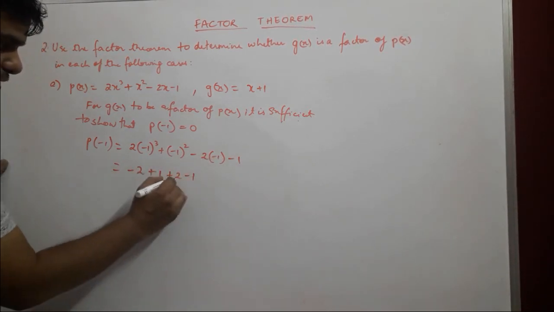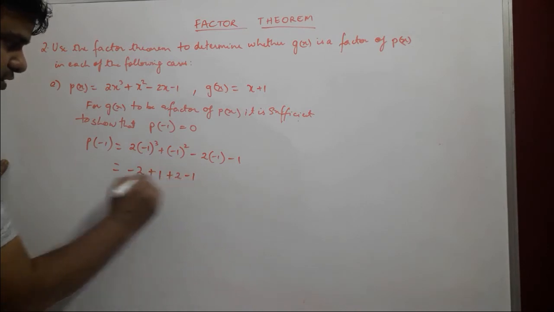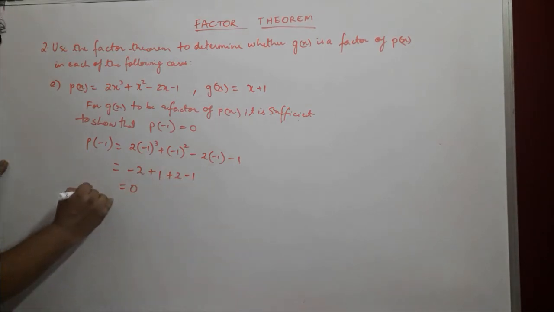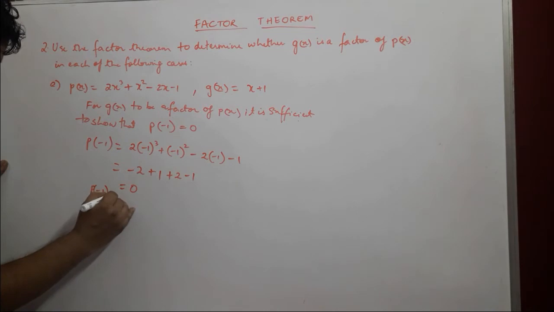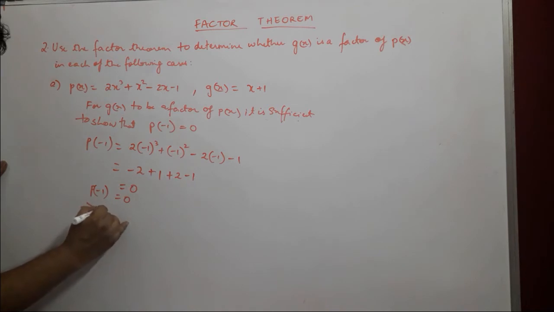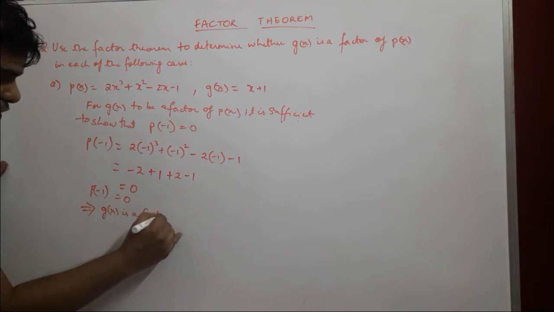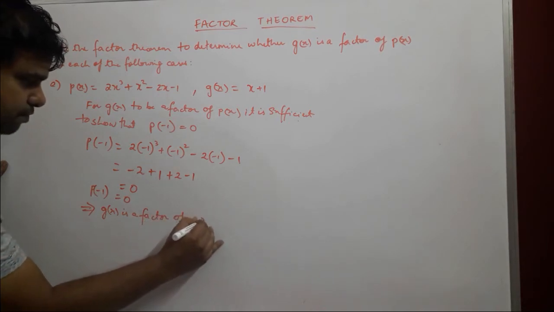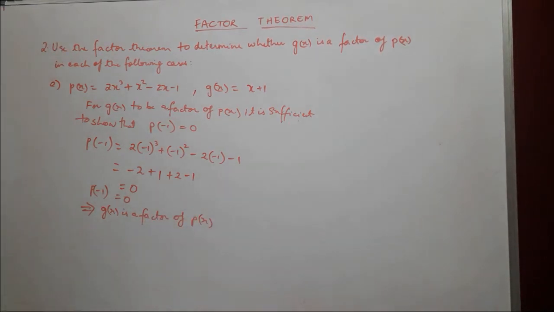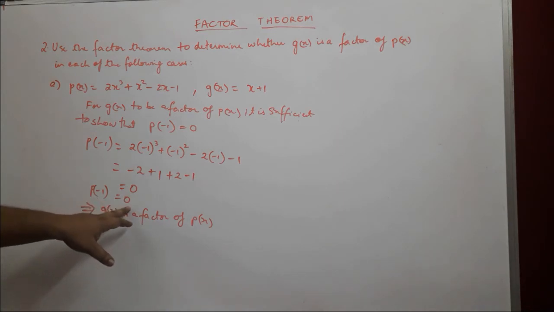So minus 2 plus 2 is 0, plus 1 minus 1 is 0. So this comes to 0. That means p of minus 1 is equal to 0. So this implies that g of x is a factor of p of x, because we've got p of minus 1 equal to 0.